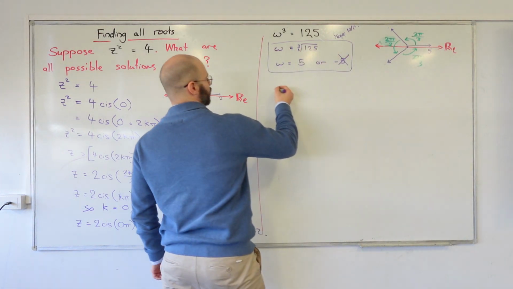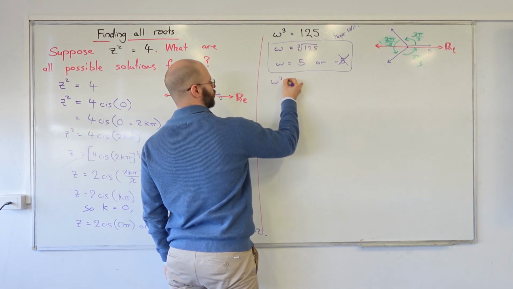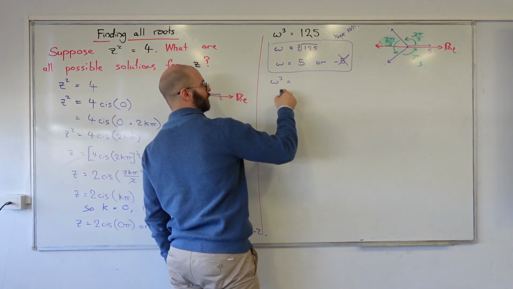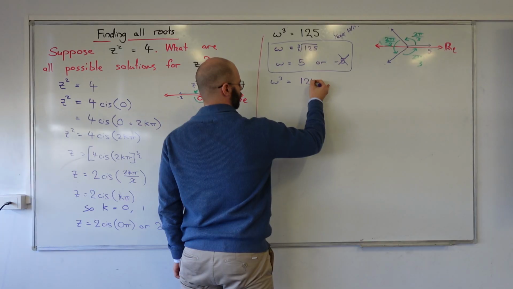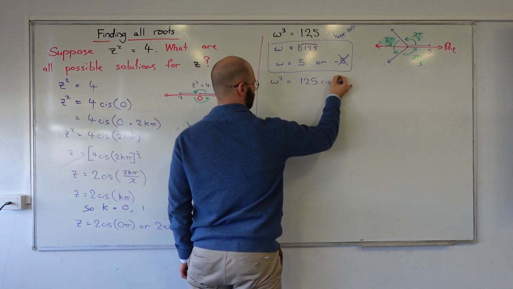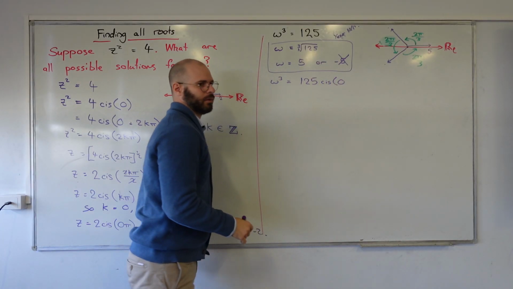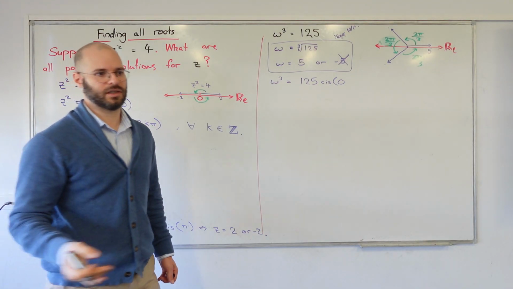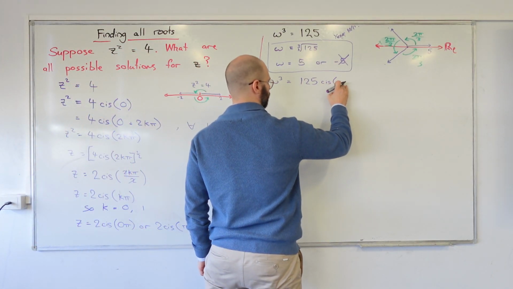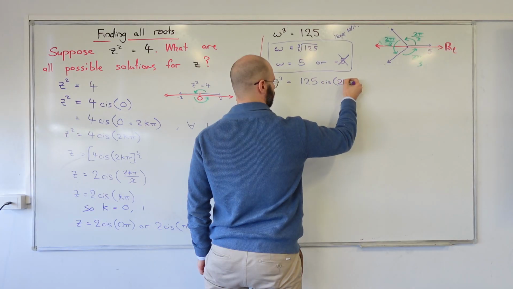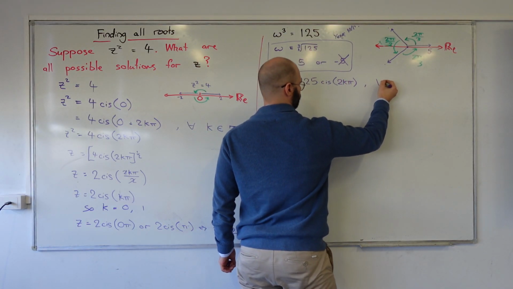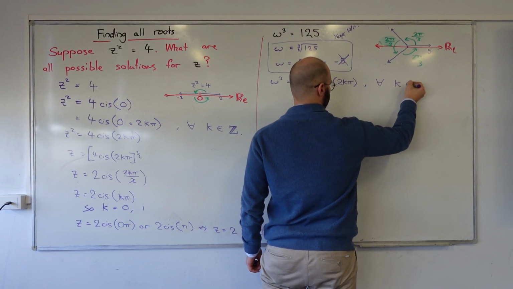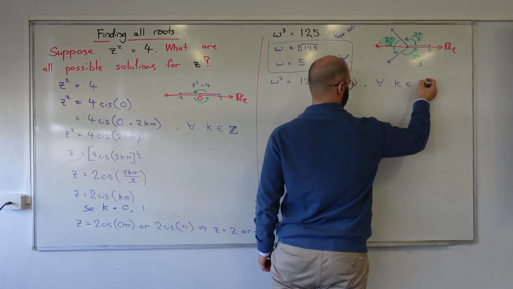We are going to solve this by saying omega r cubed, notice I'm not saying w, it's omega, is going to be 125 for its modulus, cis 0. But we know it's not just going to be 0, it's going to be 2k pi, where k is going to be an integer multiple.